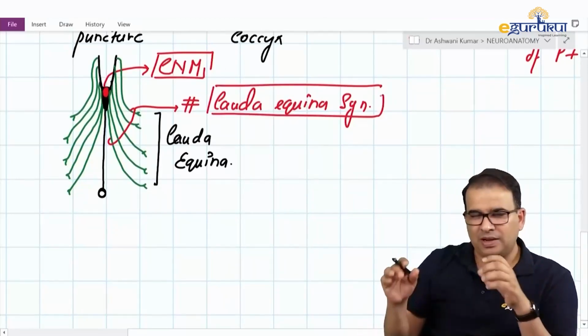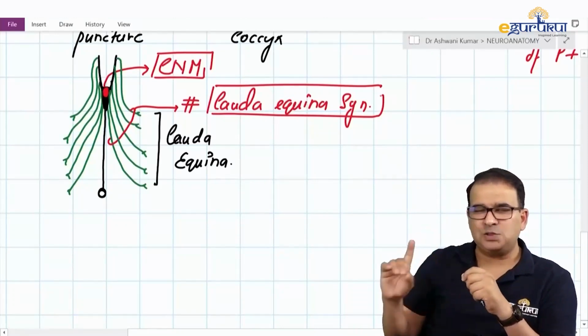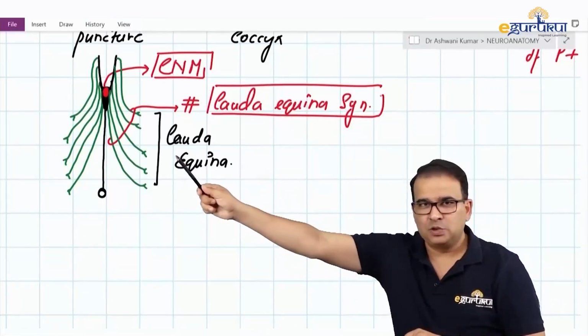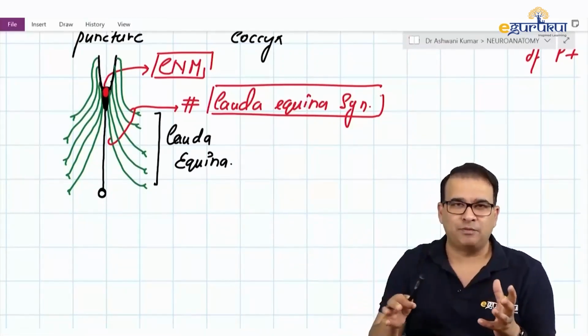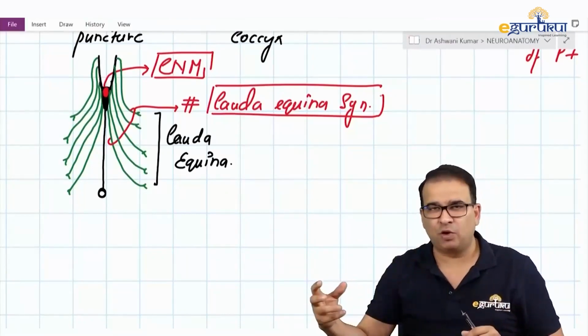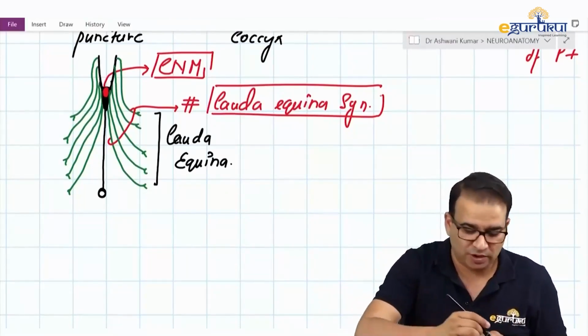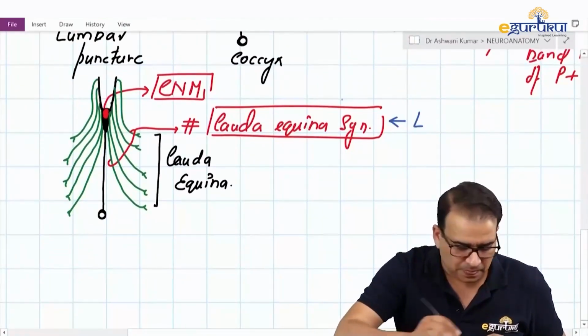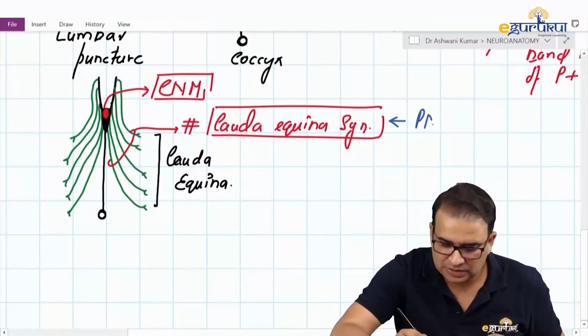The reason I'm telling you about it here itself is so that you keep at least one thing in mind: when there is an injury to the cauda equina, it is more of a lower motor neuron type of palsy. We have lower motor neuron nerves involved. It's the peripheral nervous system which is affected in the cauda equina.